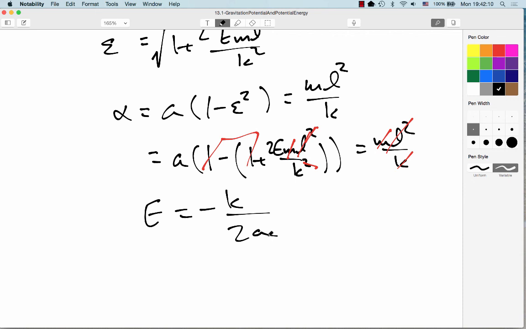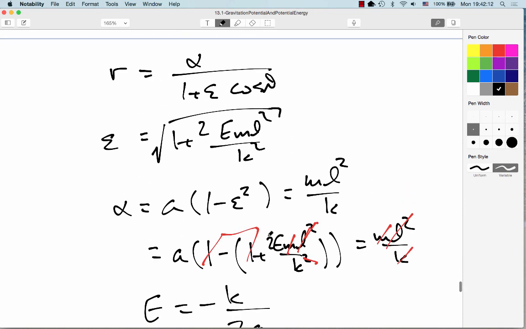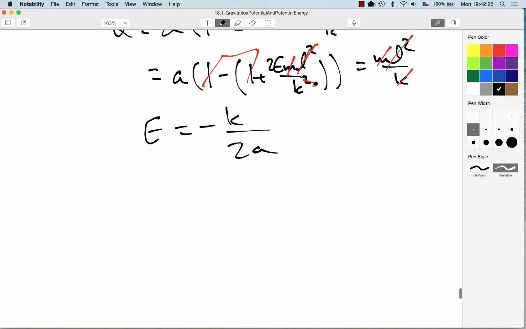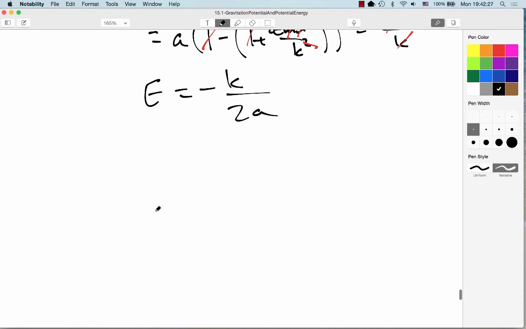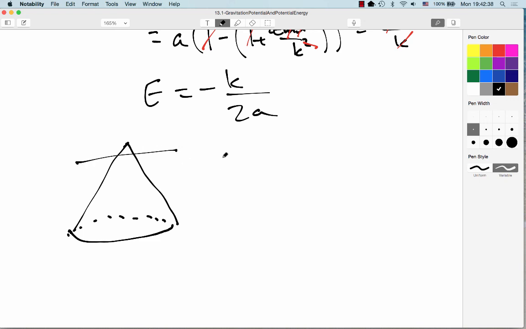Now, I want to point something out here. Technically, this isn't just the equation of an ellipse. It's actually the equation of a conic section in general. So we have lots of possibilities. Of course, this involves me hopefully successfully drawing in 3D. There we go. If I take a horizontal cross section, I'll get a circle.